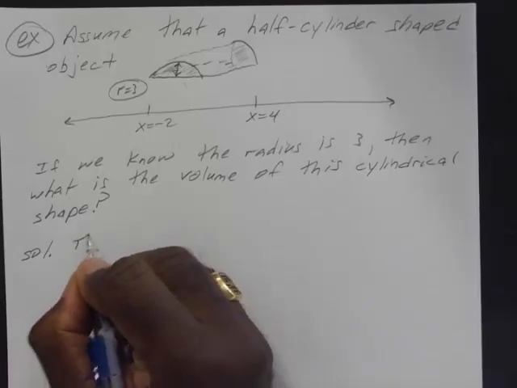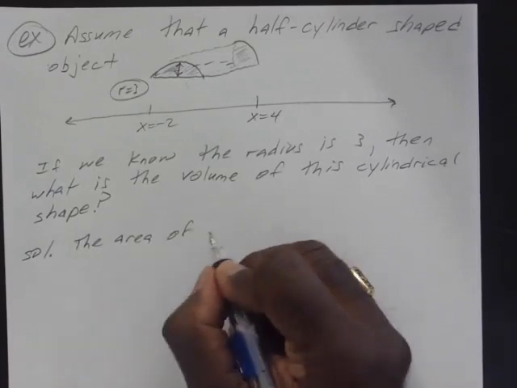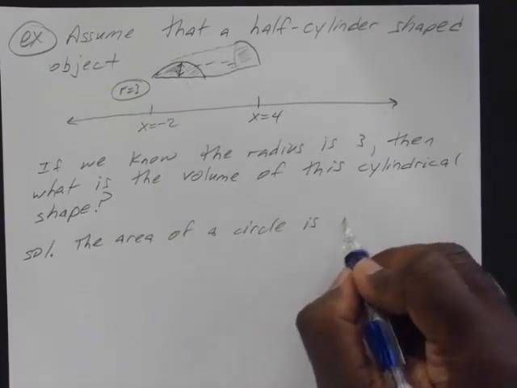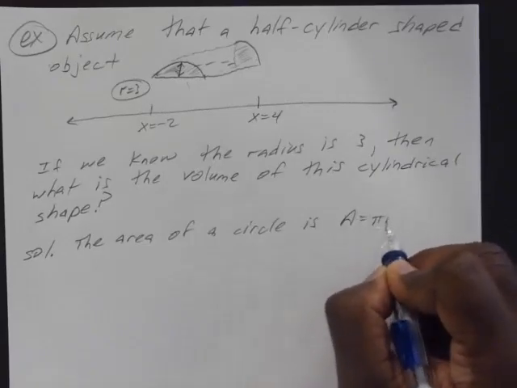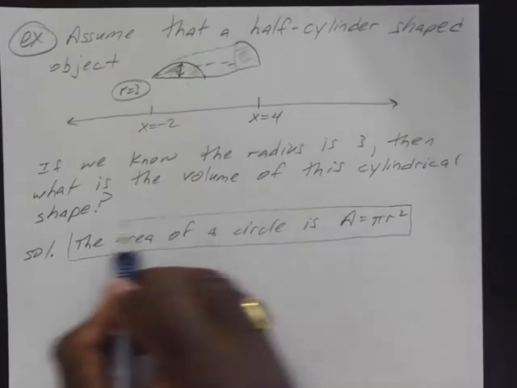Okay, so we know that the area of a circle is pi radius squared. That's just for reference.